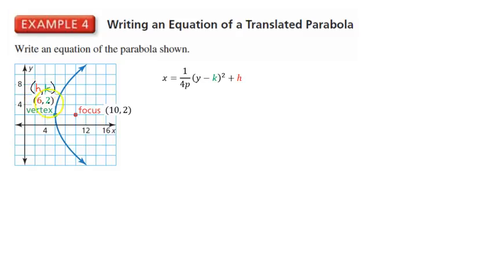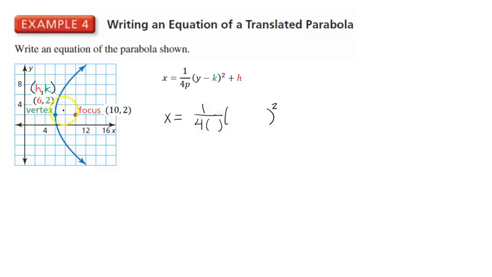Our h is 6 and our k is 2. So x equals 1 over 4p. Wait, what's p? I have to know what p is if I'm going to be able to make this equation actually work. So how do I find out what p is?